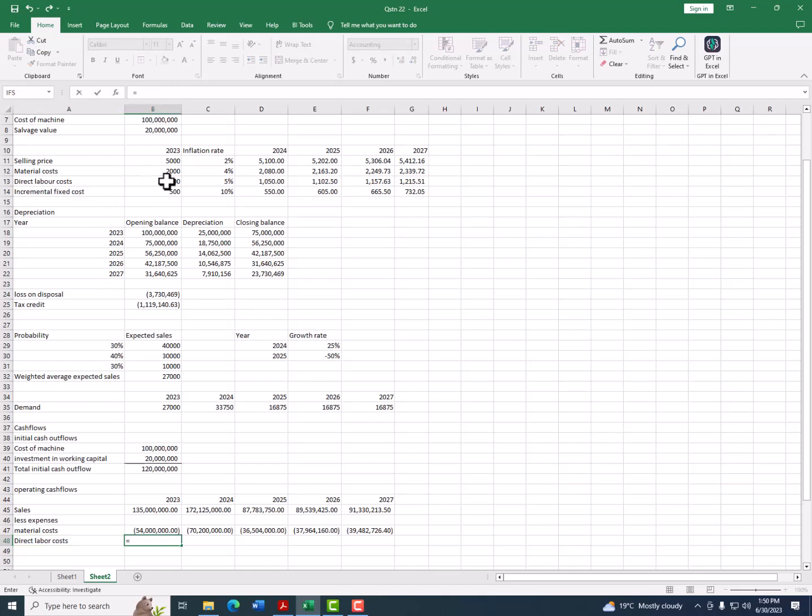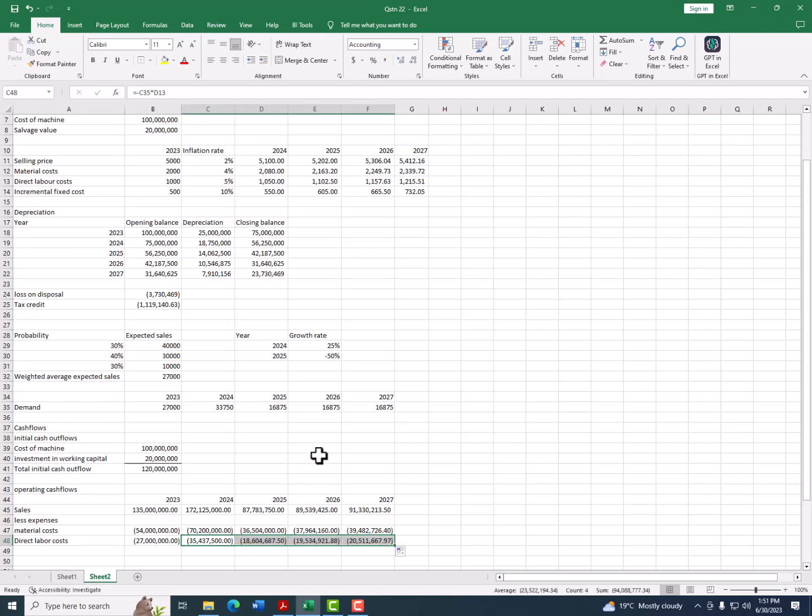Direct labor cost equals the selling price on 2023, or the cost per unit in 2023 multiplied by the demand per unit in 2024, and then we can put minus sign for it to be negative. 2024 equals minus demand for 2024 multiplied by the labor costs for 2024. Hit tab, and then we drag it out to 2027.